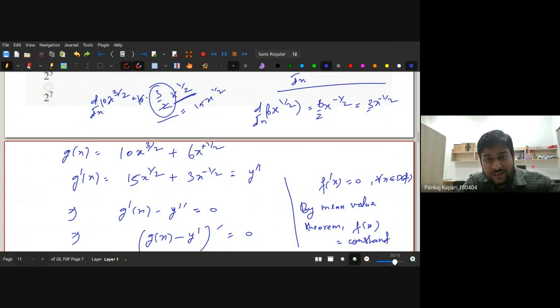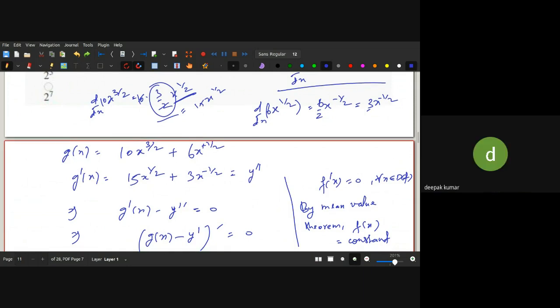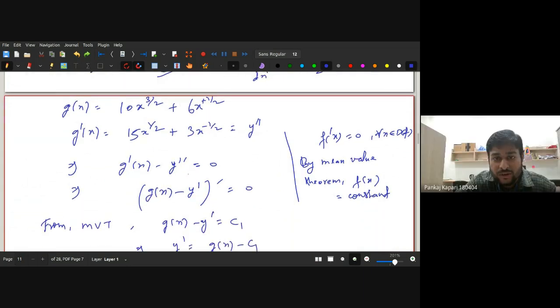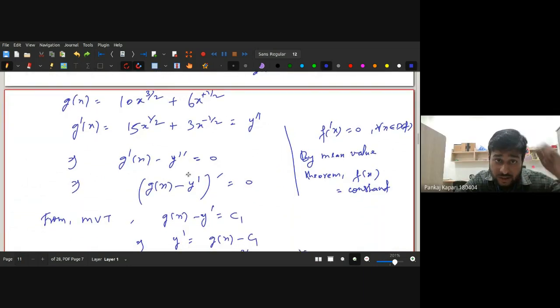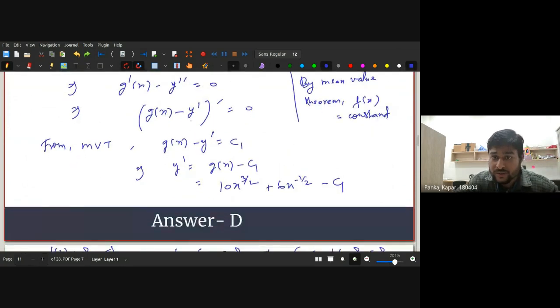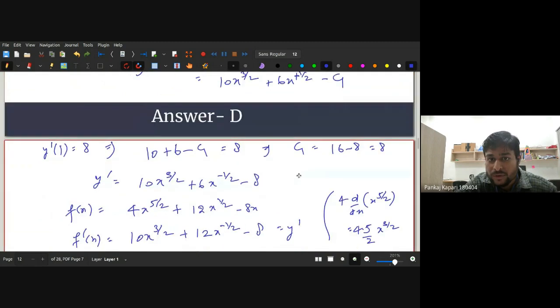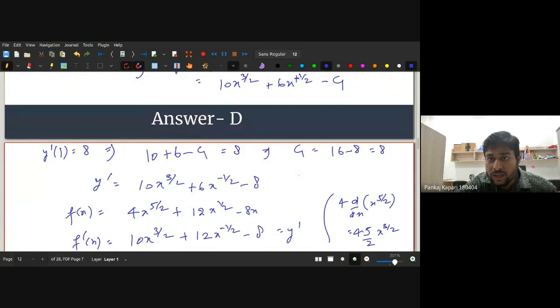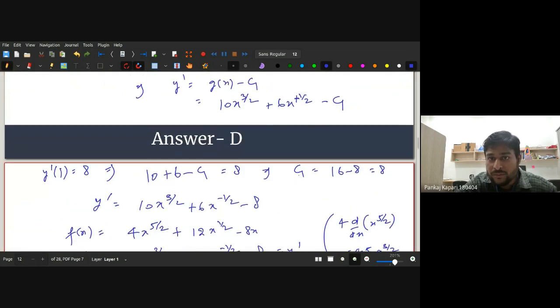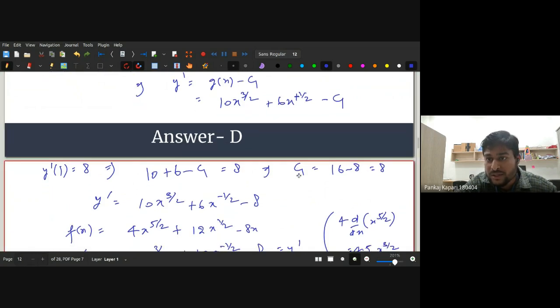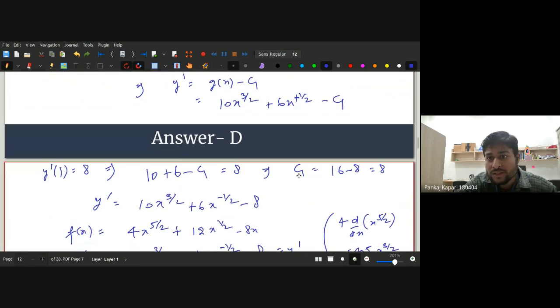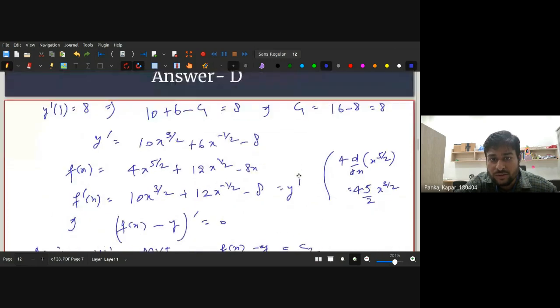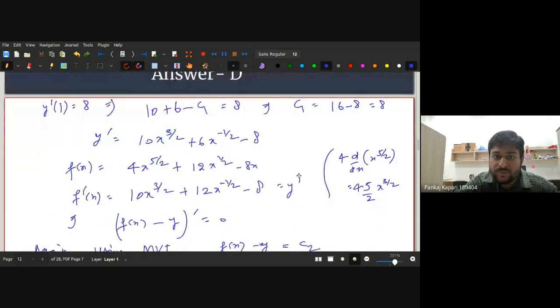No, this was right. 6 times x to the power half. So this creates trouble later on, right? 6 times half here. This is creating a problem. Now the calculation of constant is correct because at 1 it's just 10 plus 6, 16, 8. C1 is correct. So 6 times plus half.